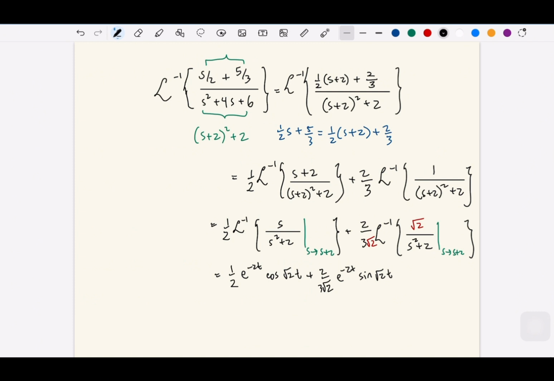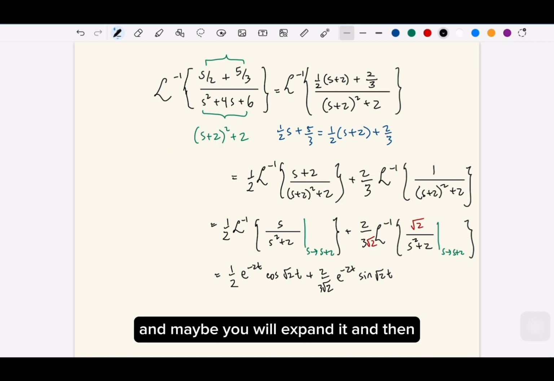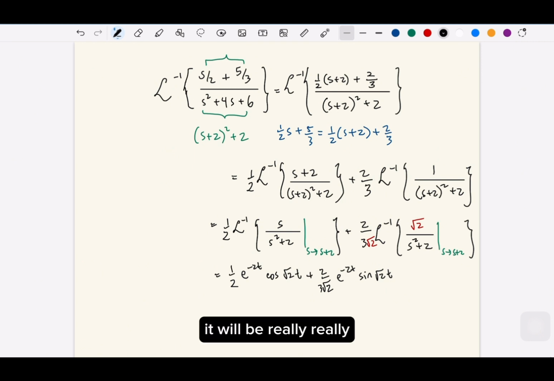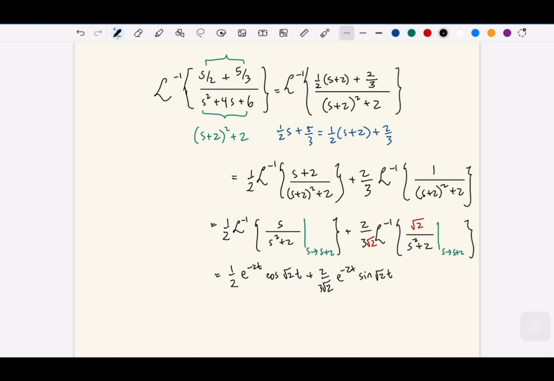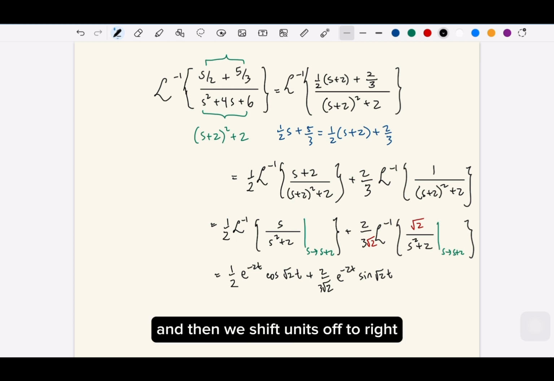Maybe you will expand this and it will be really long in your notes. But if we think from here, s plus 2 and s plus 2 squared, perhaps this is after we translate, after we shifted the graph. So let's say we have just s and s squared, and we know that this will be the cosine function after Laplace. And then we shift by 2 units, right?